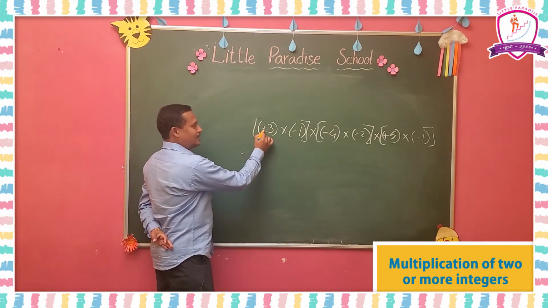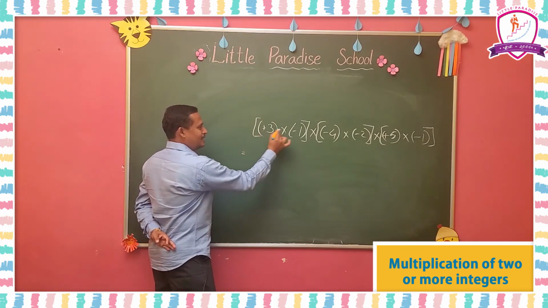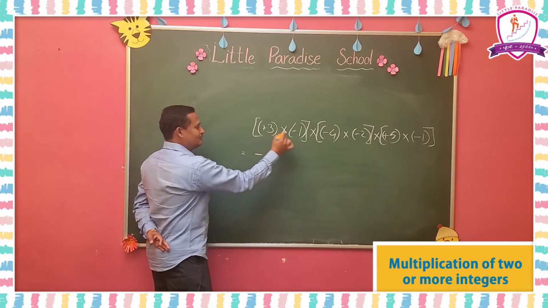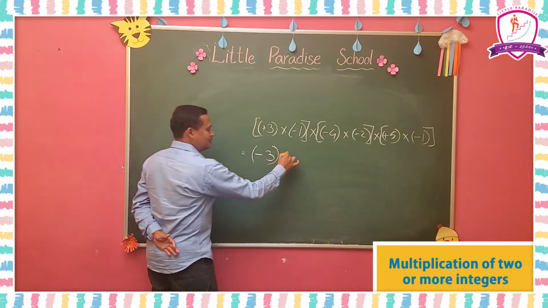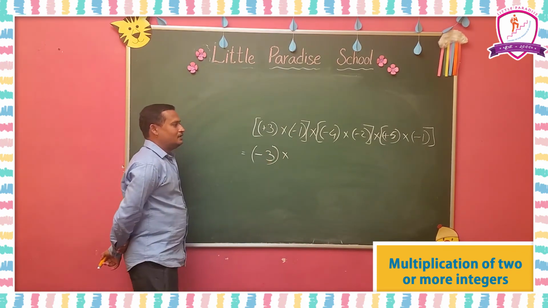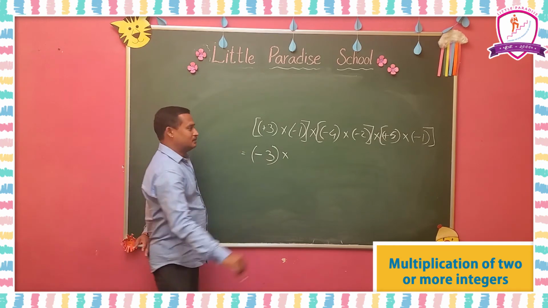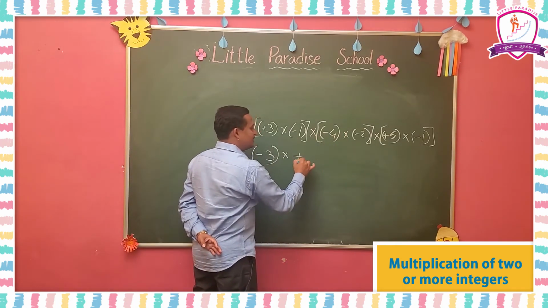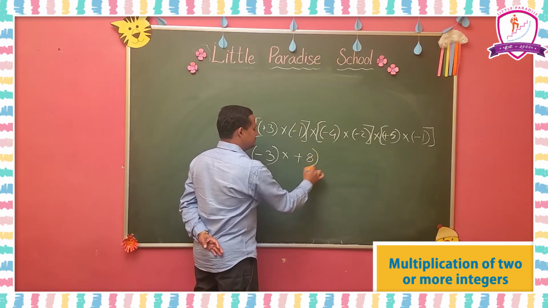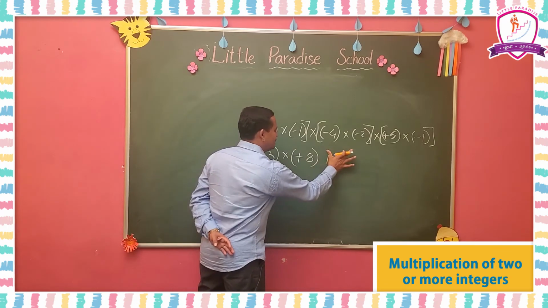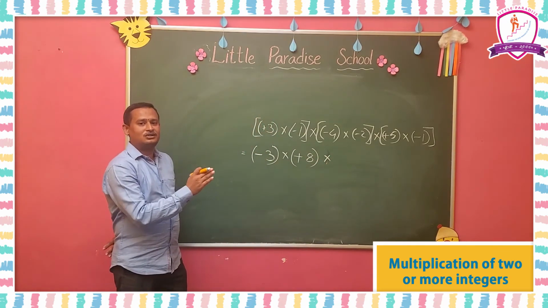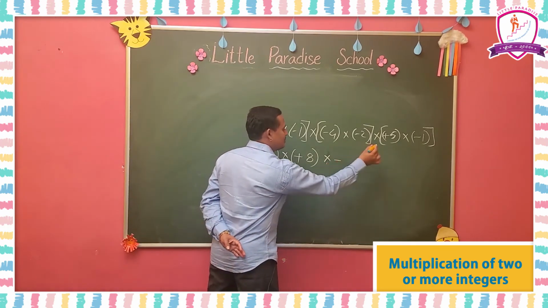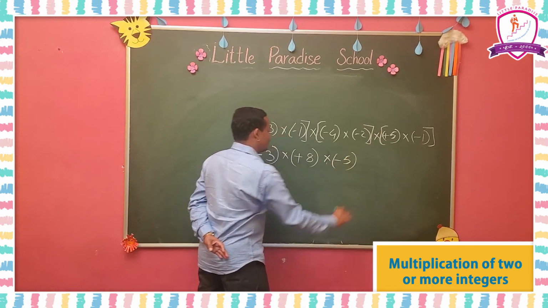So here plus 3 into minus 1, plus into minus is minus, 3 1s are 3. The first group is completed, and next we multiply the next group of numbers. Here minus into minus is plus, 4 2s are 8. The next group, plus into minus is minus, so 5 1s are 5.